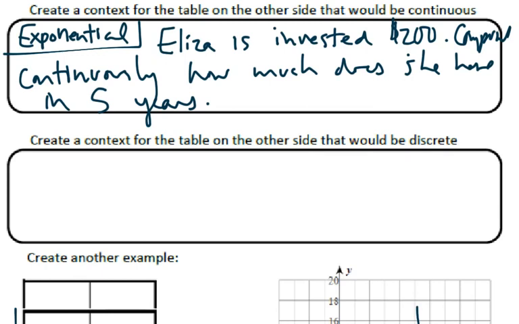Now, would something be discrete in that sense? It would be like she's still in a bank. She invested the 200, but it compounds once a month.